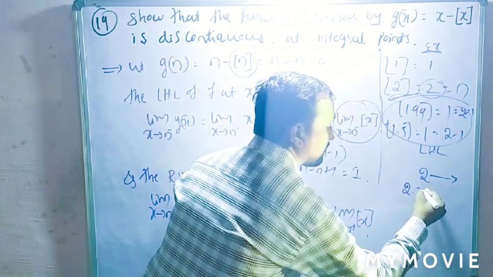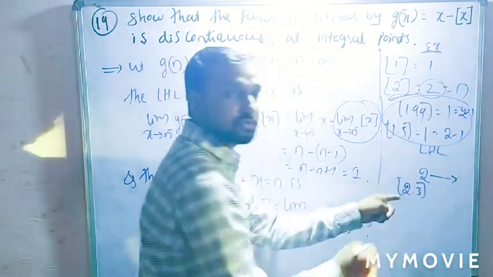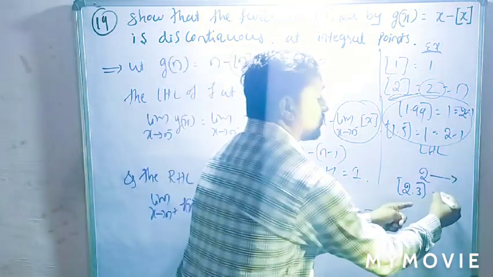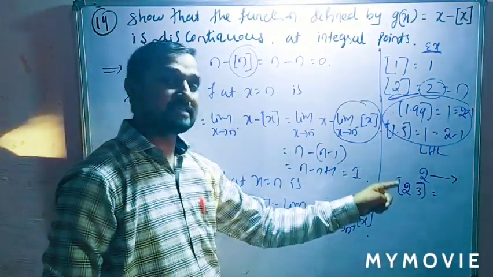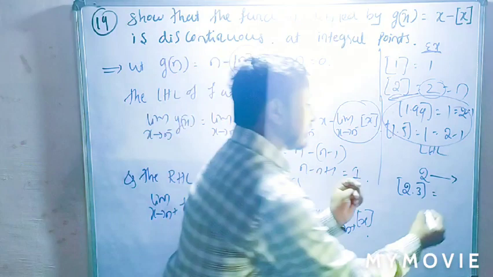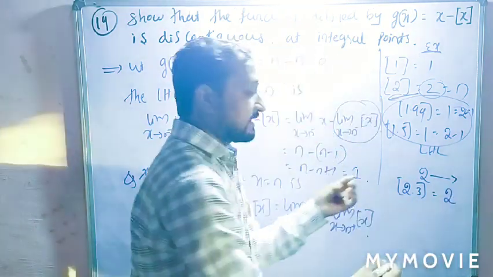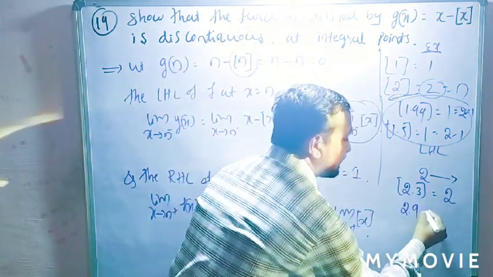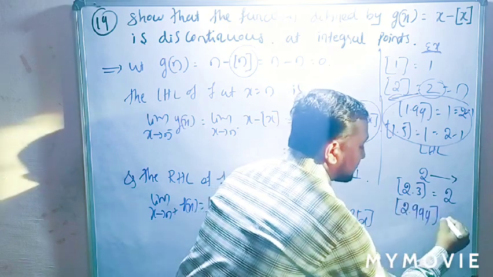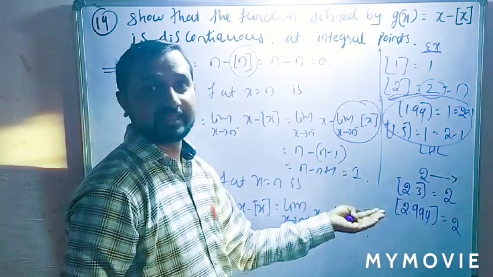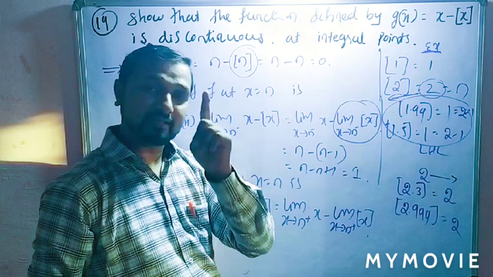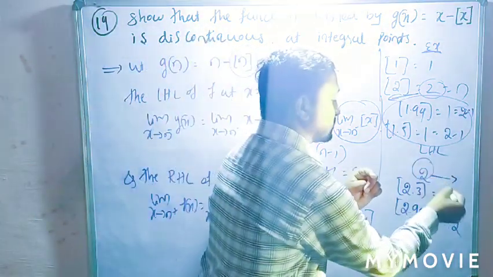The greatest integer of 2.3, the right hand value of 2, is 2. The greatest integer of 2.9999 is also 2. Is that clear? Thus the RHL should be the same value.